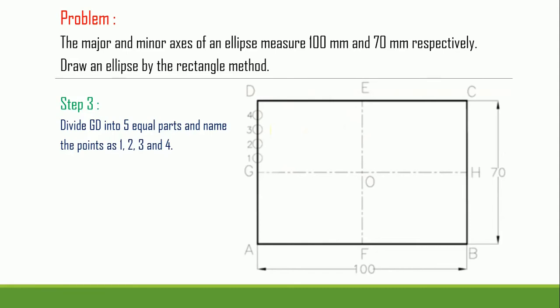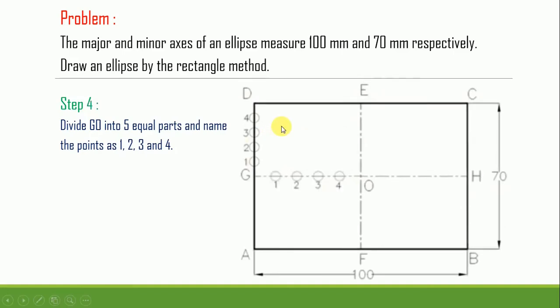Now move to step number 4, in which we have to divide the distance GO into 5 equal parts. Right now GO measures 50 mm, so we divide that 50 mm into 5 equal parts, and one part is 10 mm.